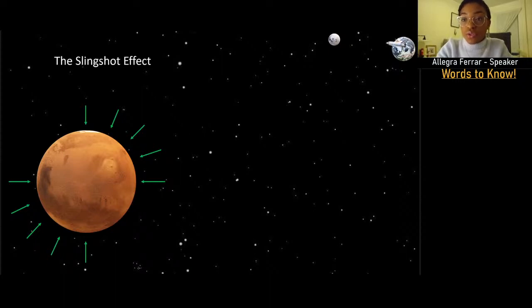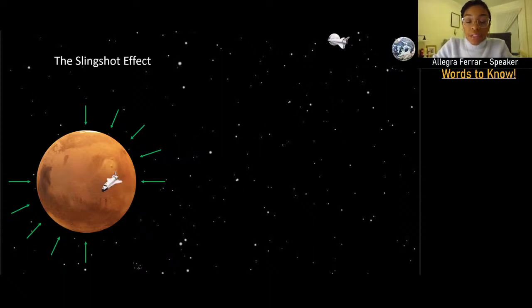If we are traveling from Earth to the moon, let's say, we're going to come in pretty fast, but relative to what we're dealing with, it's not super fast. But if we have a vehicle that's traveling all the way from Earth to Mars, we're going to come in pretty hot, especially once we hit that gravitational field.